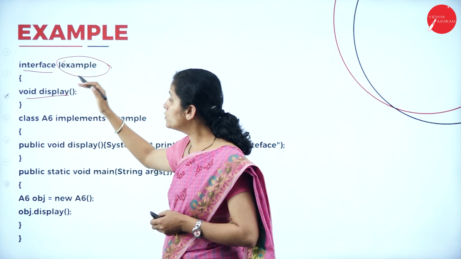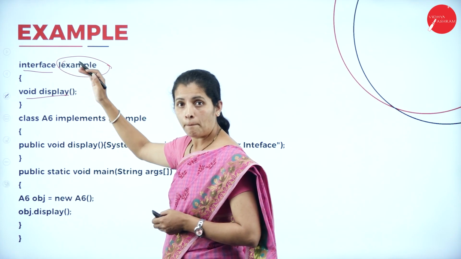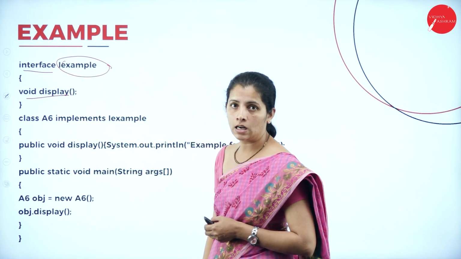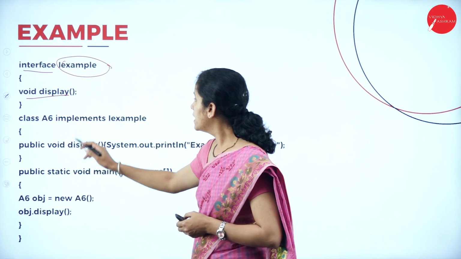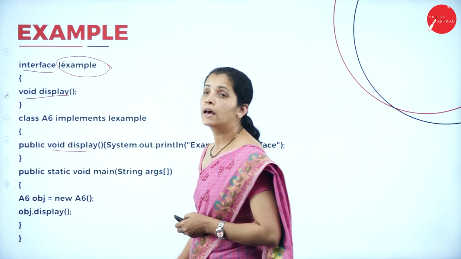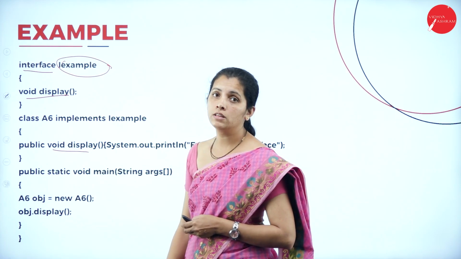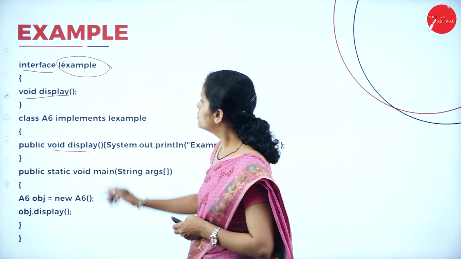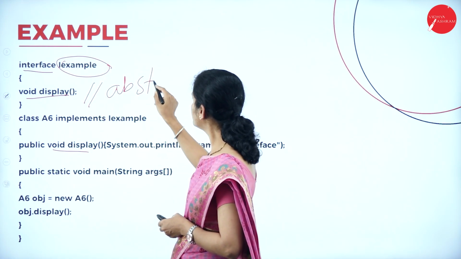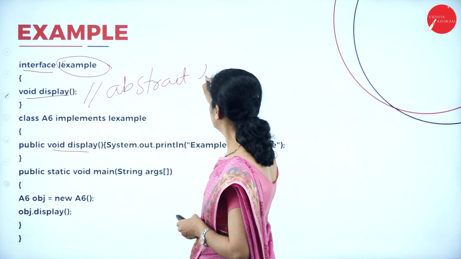And where am I going to write the body for this method? That is in some other class. See here, inside the class I'm going to write the body for this method. So this is the example for abstract method.